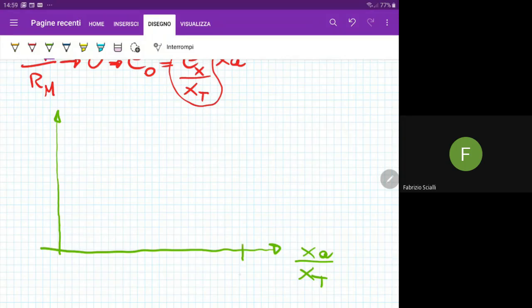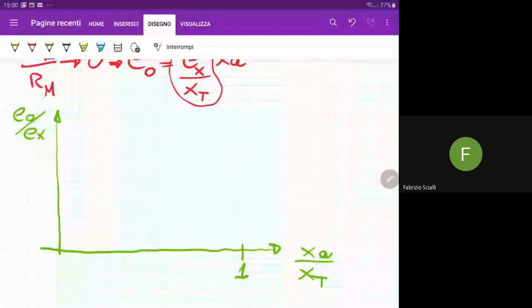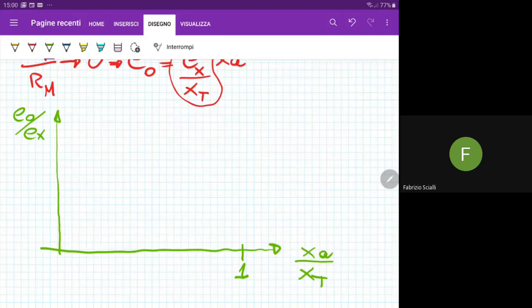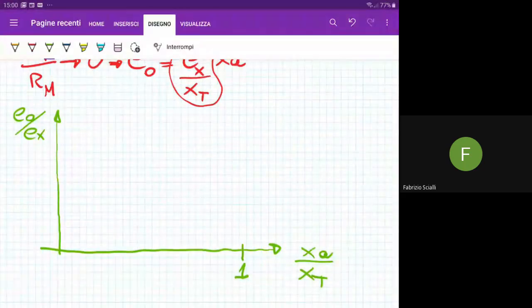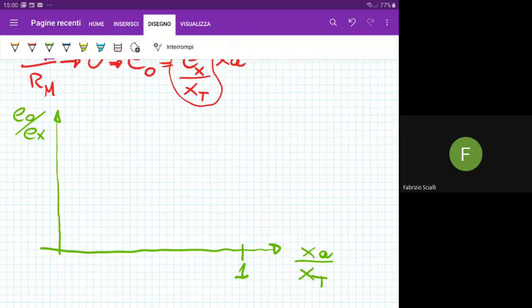And on the y-axis, what we have is E_O over E_X, the ratio between the measured tension and the input tension.